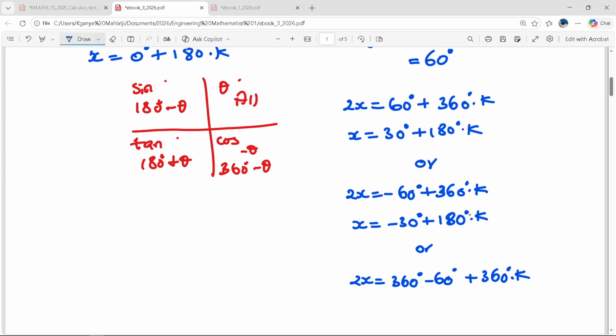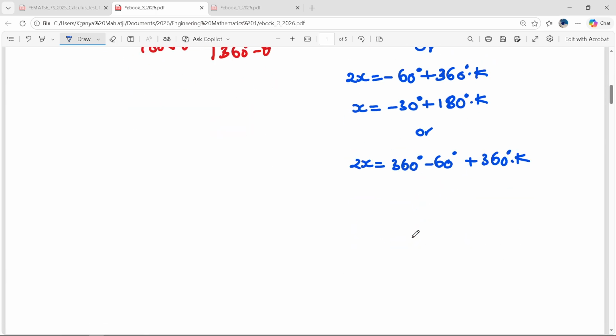Then 2x equals 300 degrees plus 360 degrees multiplied by k. Therefore x equals 150 degrees plus 180 degrees multiplied by k.